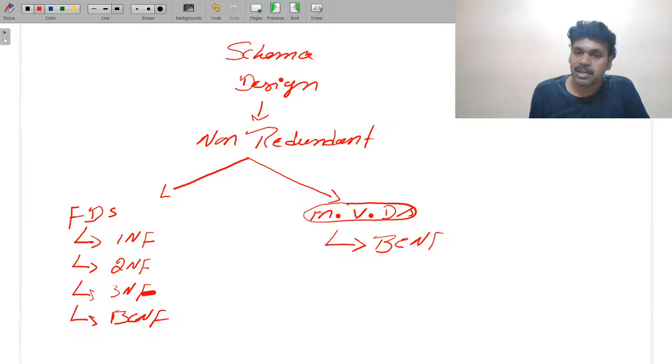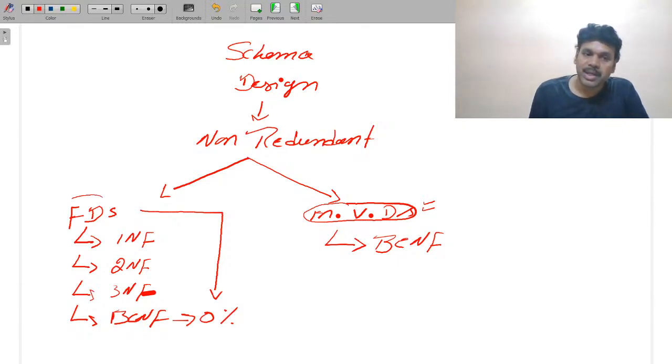We will write here that BCNF redundancy is 0, as we learned and experienced in our previous classes, but this 0 is with respect to functional dependency. BCNF still suffers from redundancy because of MVDs. Redundancy can be generated from FDs and also from MVDs.